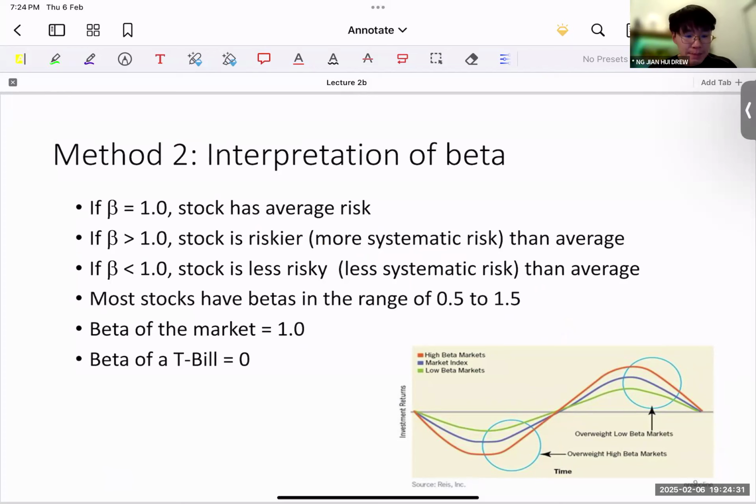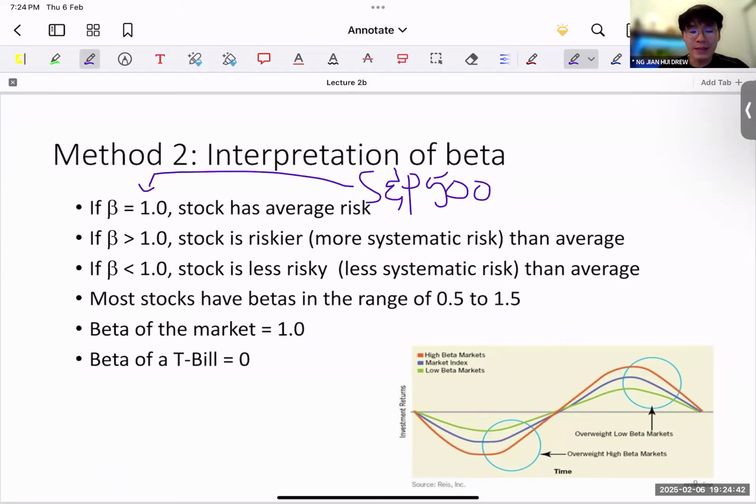The S&P 500 would generally have a beta of close to 1, or 1, because it represents the market beta, right? It refers to the market. So market beta is 1, meaning the average risk, right? So you have a fully diversified portfolio, your average risk for your beta is 1.